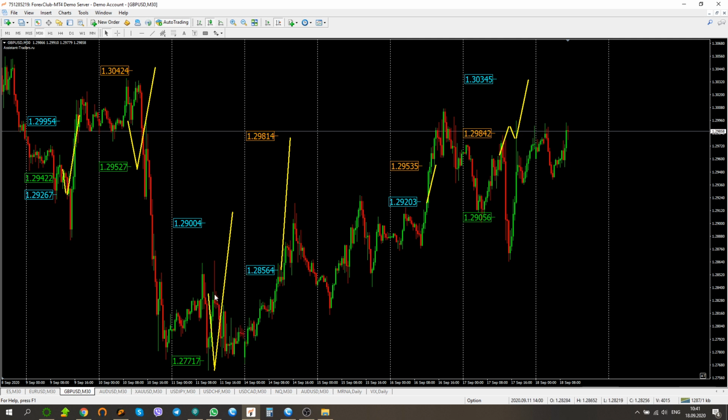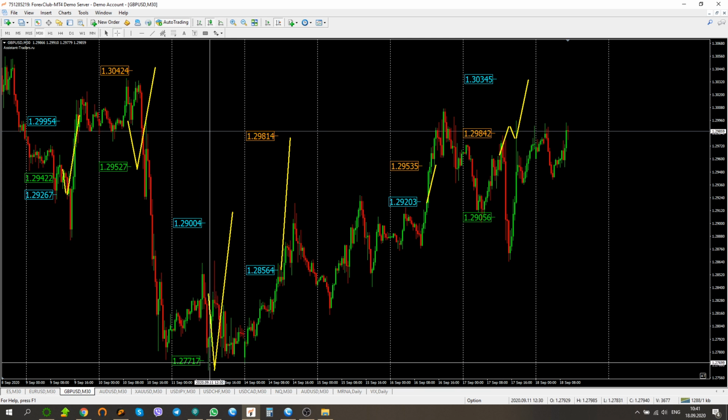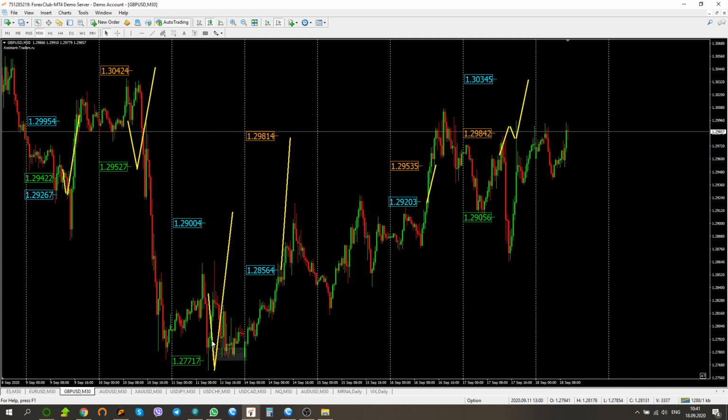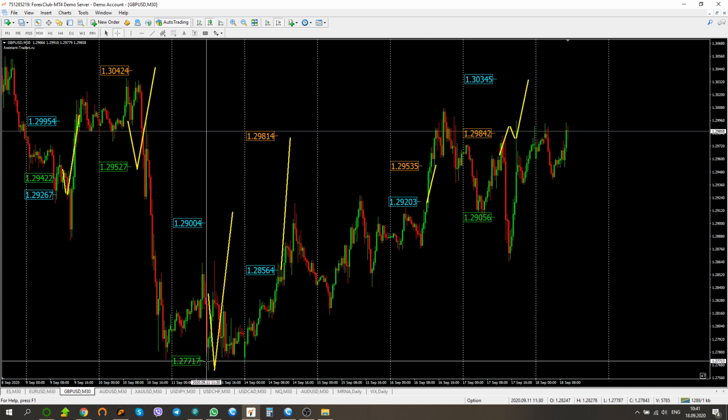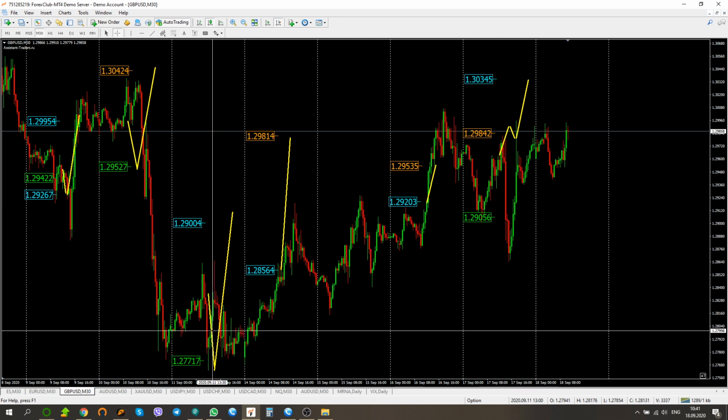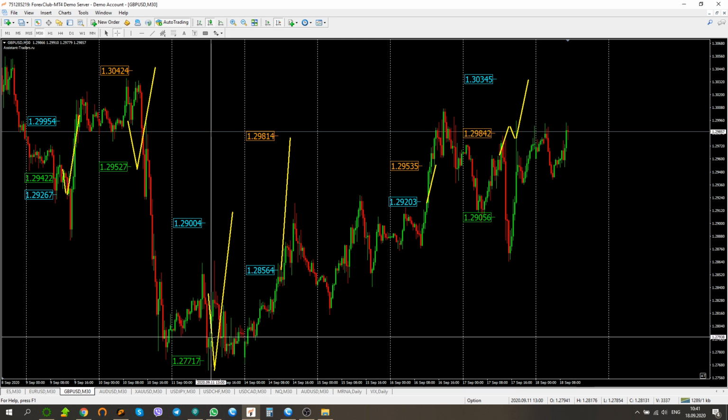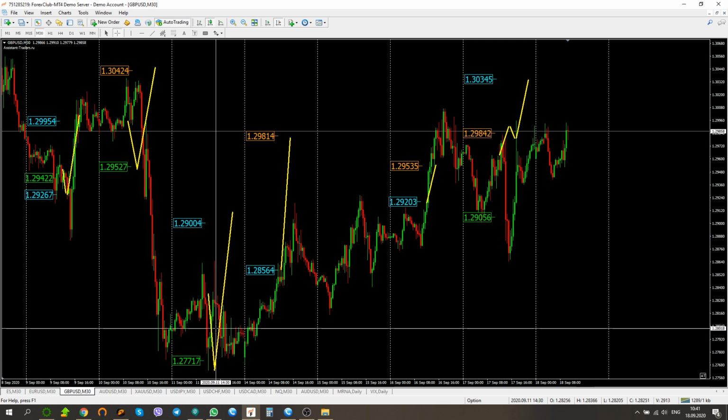Here we see that we have this option that we should break this level. For example, here this level was broken, and then the price came back to these price levels, and from this point we could enter the buy positions.